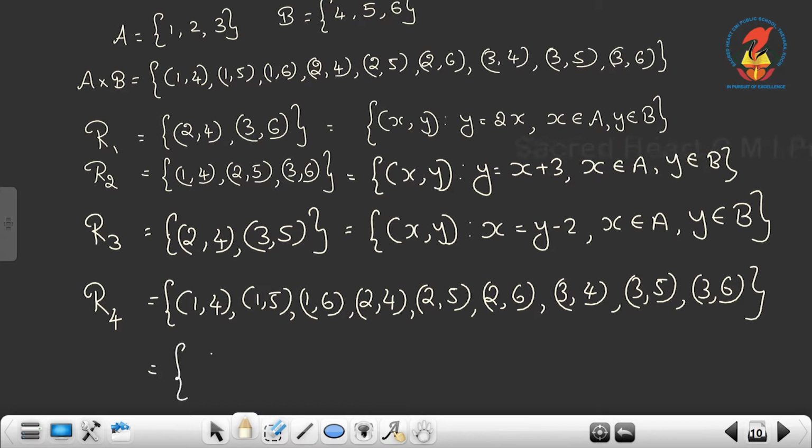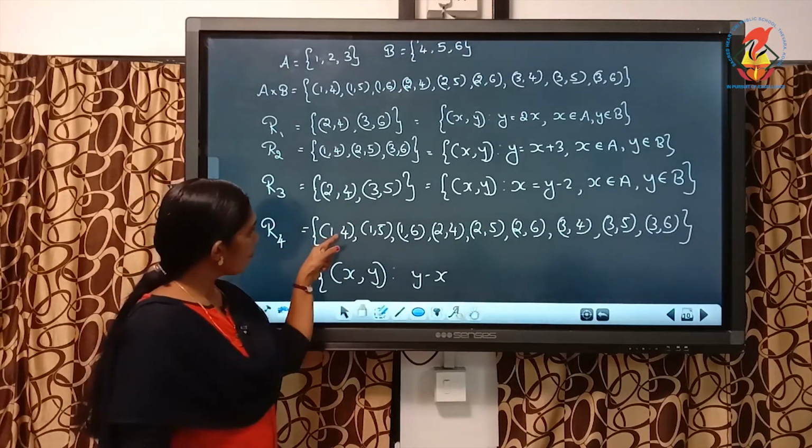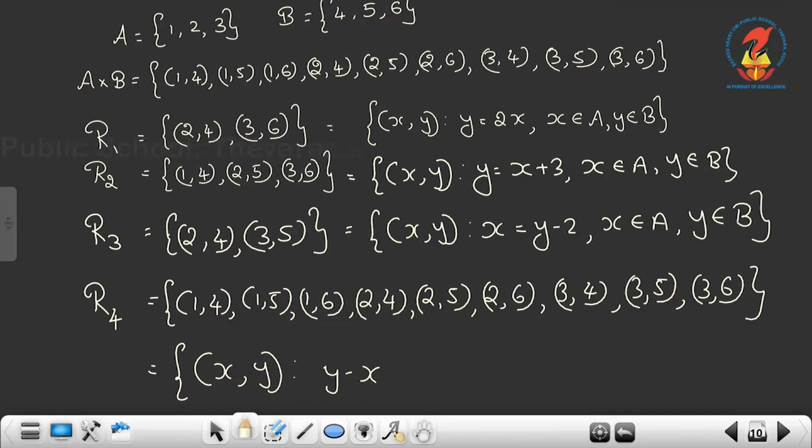The relationship we can write as the set of ordered pairs (x, y) such that the difference, x minus y or y minus x. What is the difference between the first and second elements? Here it is 3, here 4, 5, 2, 3, 4, 1, 2, 3.